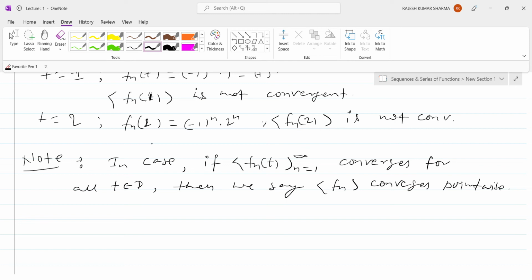If we select any point of the domain and the sequence is convergent, then we say the sequence is pointwise convergent.